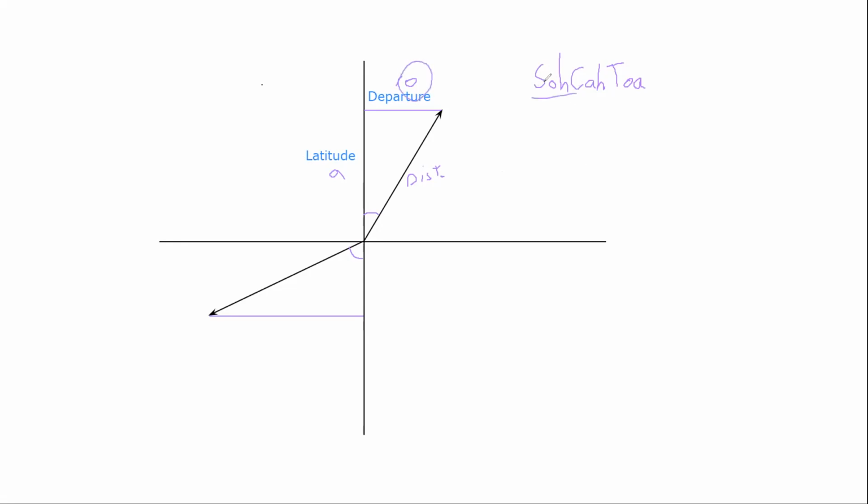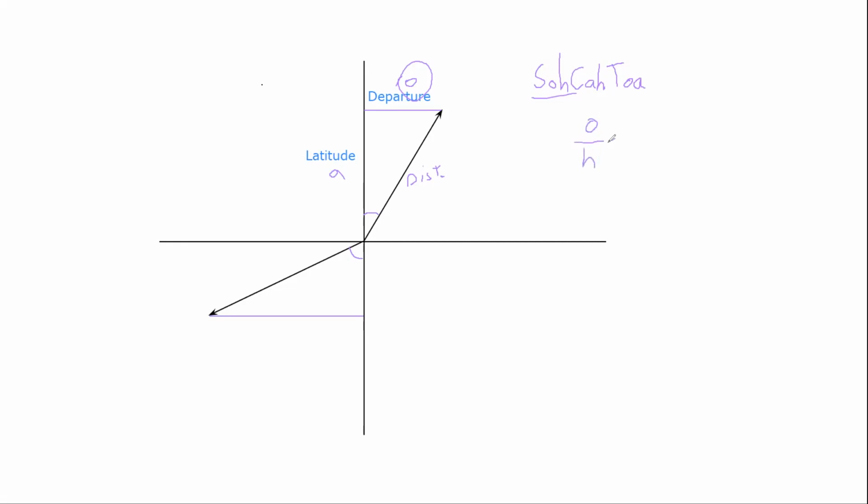So the sine is the opposite over the hypotenuse, right? So that's the old hag part. So my distance times the sine is going to equal the departure. Algebraically speaking, O over H, basically your opposite, your departure.